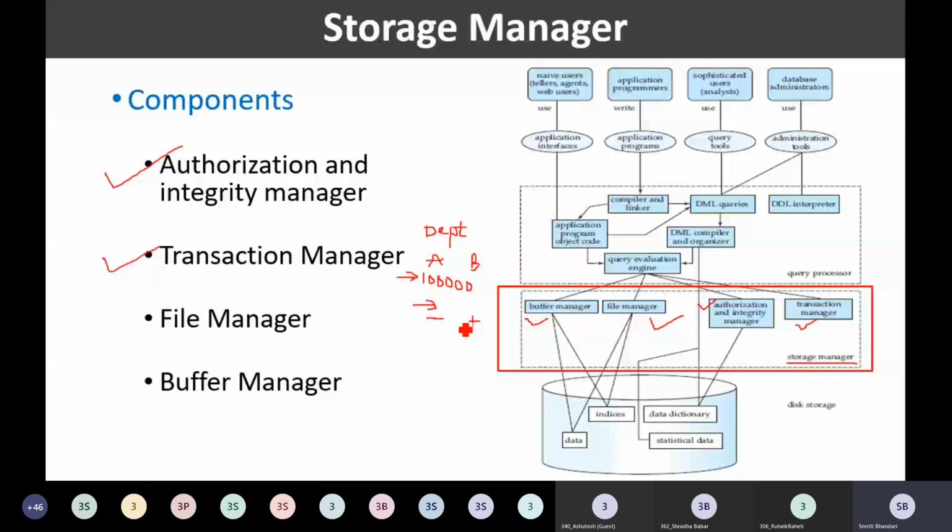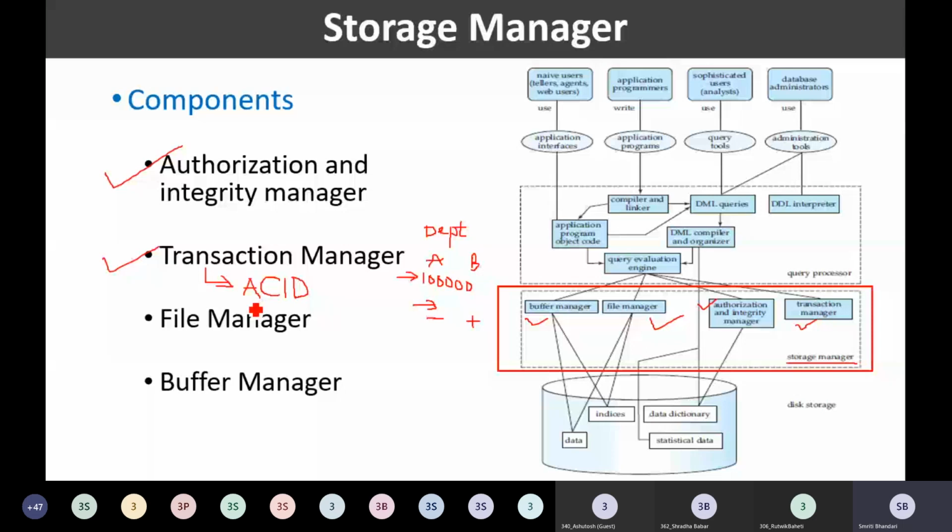And that is why here is the role of this transaction manager. So my transaction manager always looks for important properties of the transaction, and those properties are known as the ACID properties. We are not going into the details of those properties. And what is this ACID?